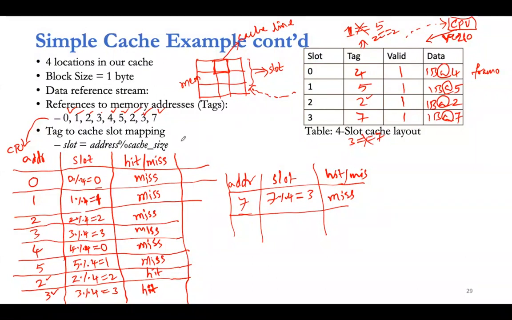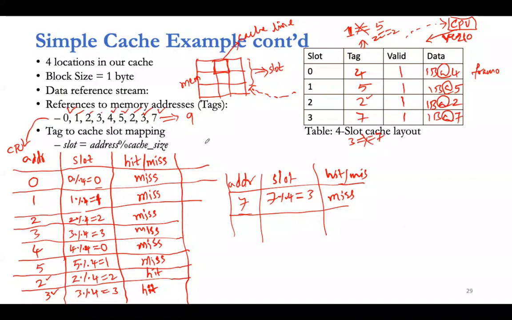And in their dedicated slot, if any other frames take place, then the replacement takes place at this slot 0, slot 1 and slot 3 in our example. So from this you can find there are 1 2 3 4 5 6 7 8 9, total 9 tags. So 9 references were there.